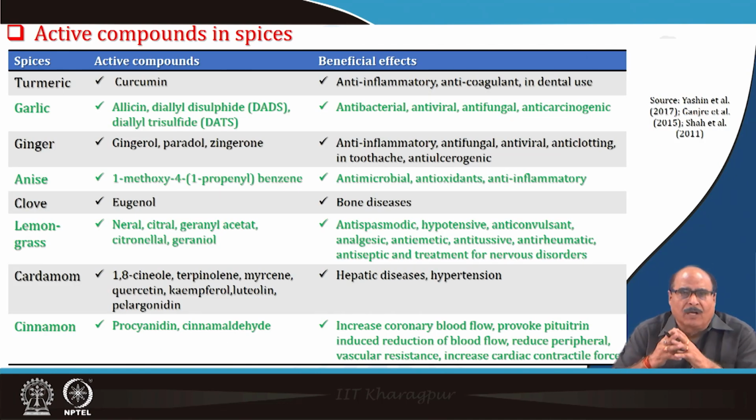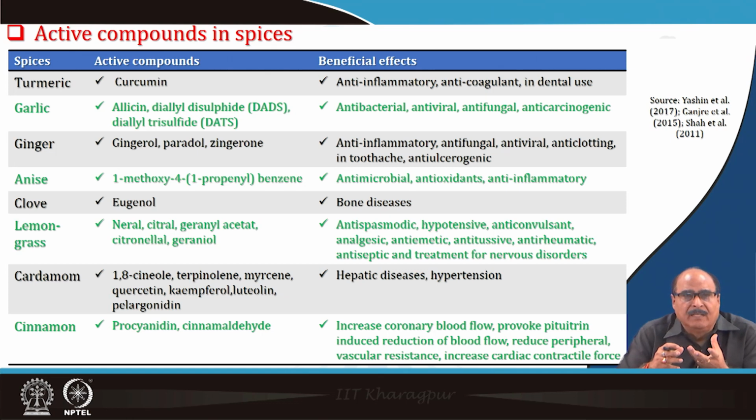The active compounds in the spices I have summarized in this table. In turmeric, as you all know, curcumin is the major active compound. It has anti-inflammatory, anti-coagulant properties, or it is used for dental purposes, etc. Garlic has allicin, diethyl disulfide or diallyl trisulfide.